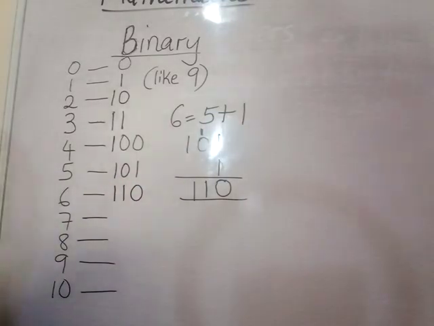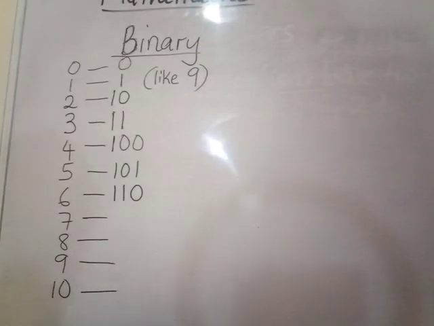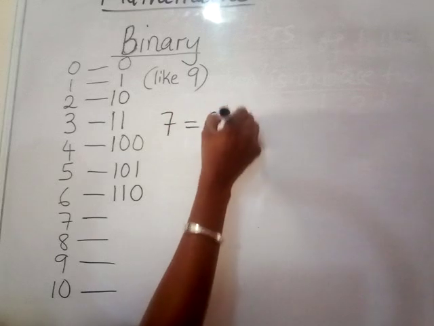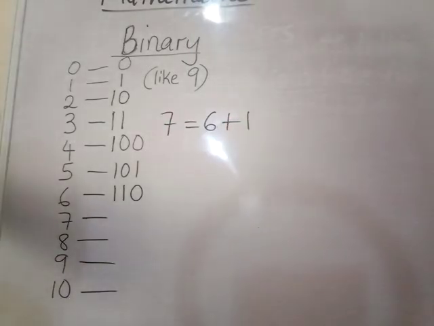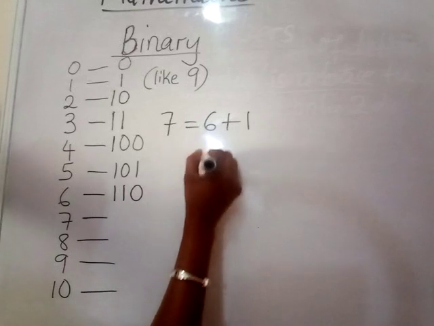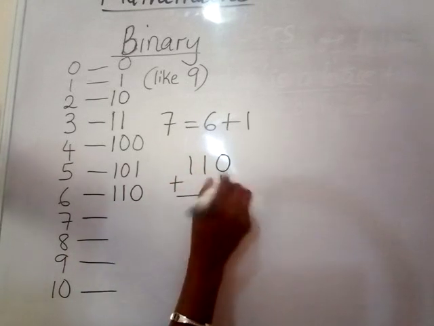Okay, so the next digit we're looking at is 7. Again, 7 is same as 6 plus 1. 6 plus 1 is 7, and we have seen our 6. 6 is 1 1 0. So we're adding 1 to 6.